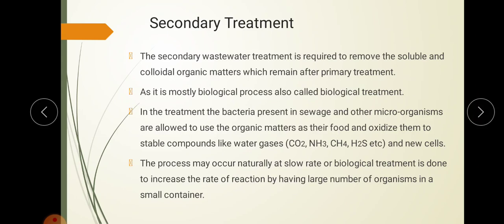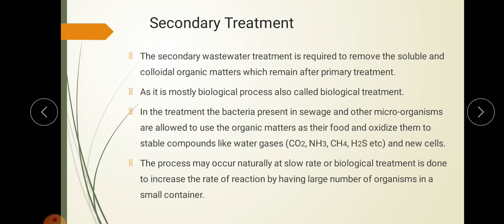And as it is mostly a biological process, it is also known as biological treatment. In this treatment, bacteria present in the sewage and other microorganisms are allowed to use the organic matters as their food, and oxidize these organic matters into stable compounds like water and gases, that is carbon dioxide, ammonia, methane, hydrogen sulfide, etc. That is, the bacteria and microorganisms present in the sewage will use the organic matters as their food, and convert the food into stable compounds.